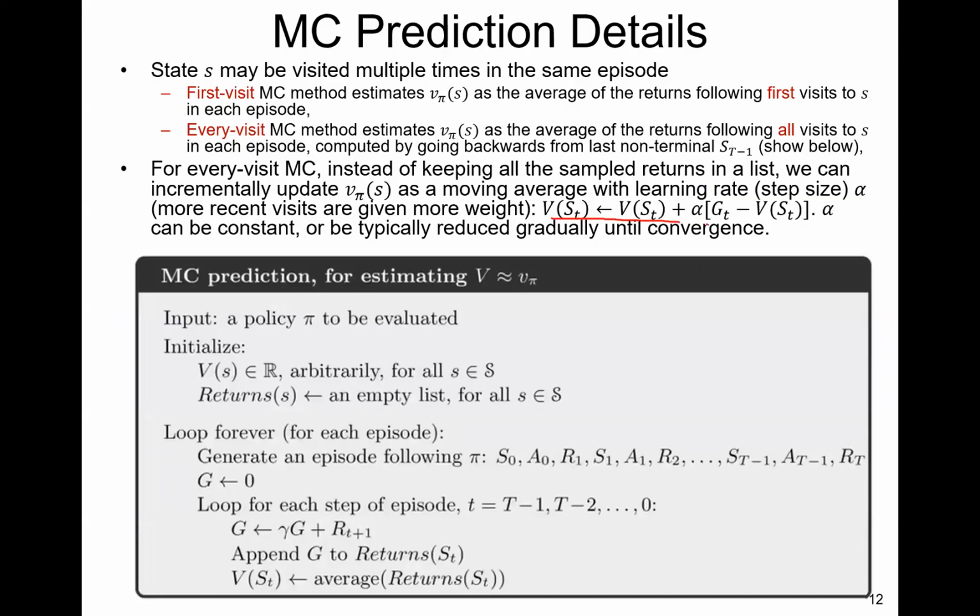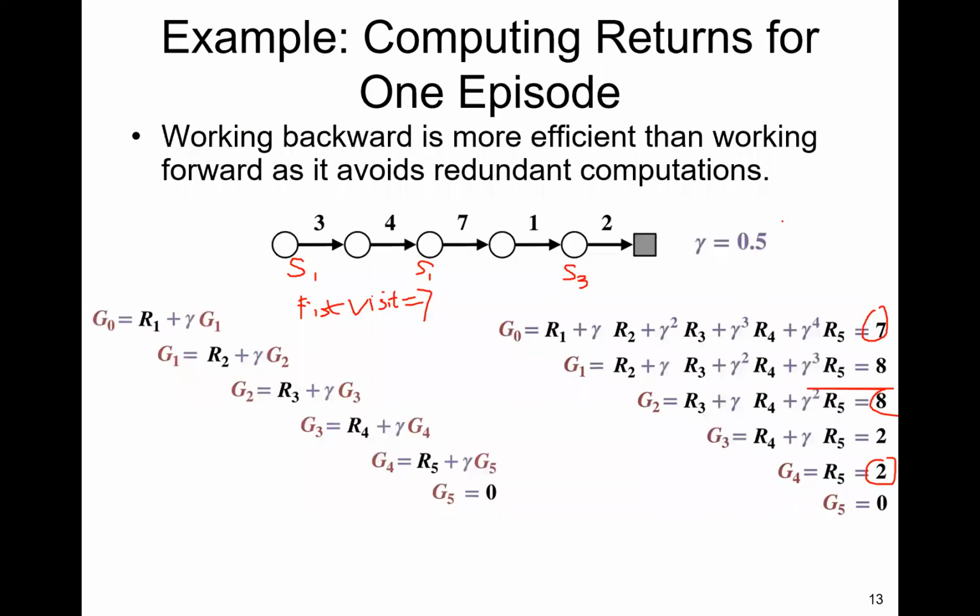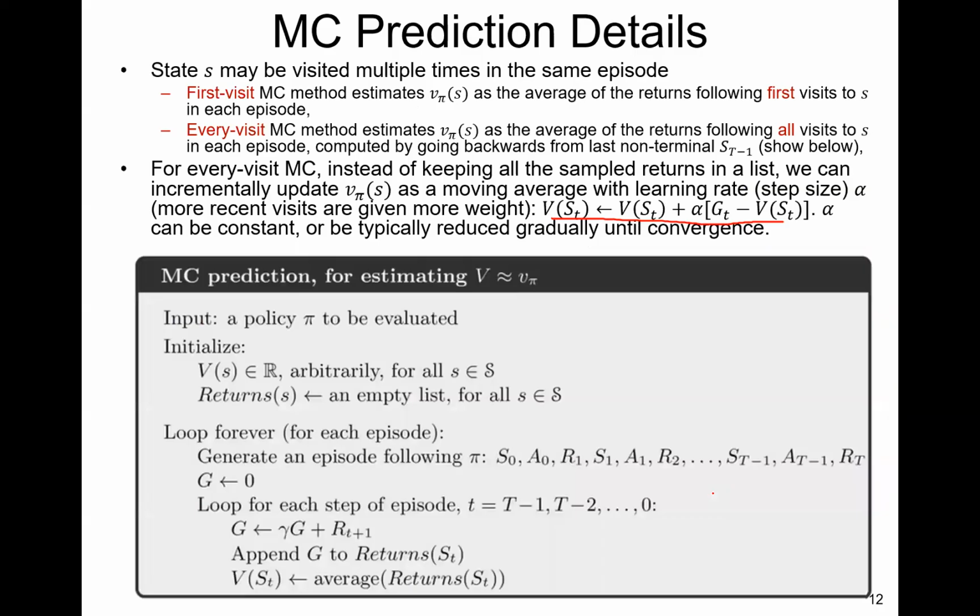Now you can do an equal average, just add them up and divide by 3, or you can use this formula to do a weighted average, a moving average, by giving G4 more weight and G0 less weight.